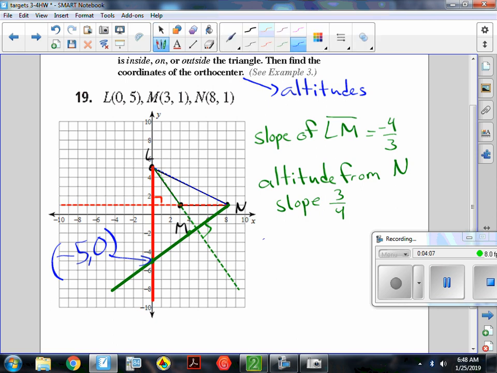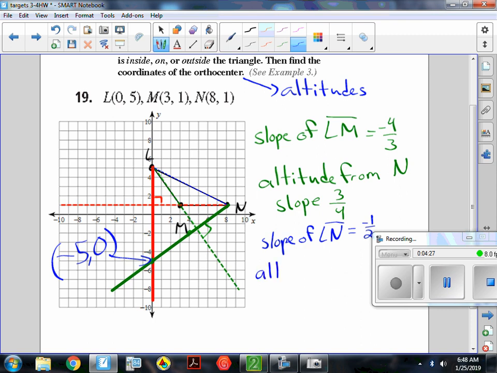So LN, slope of LN is, let's see, down 1, 2, 3, 4, and over 8. So it really is a slope of down 4 over 8, or negative 1/2. So it's pretty nice to work with.